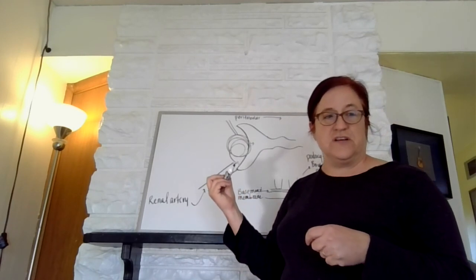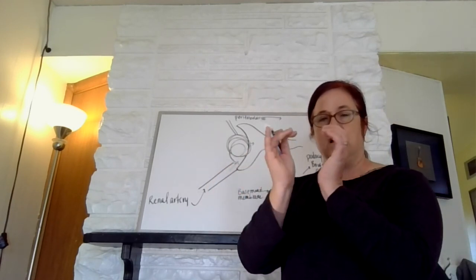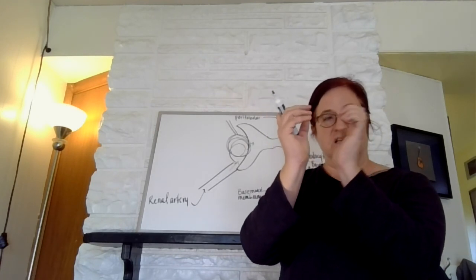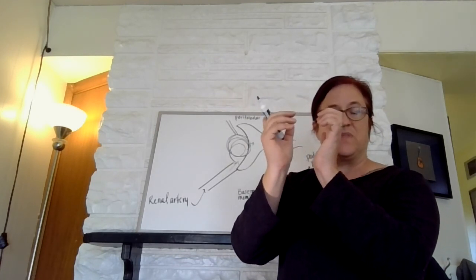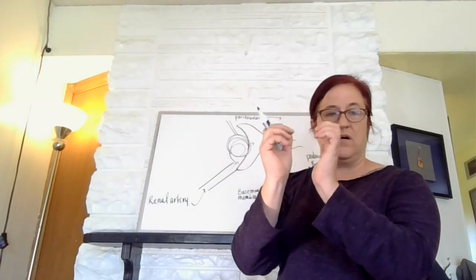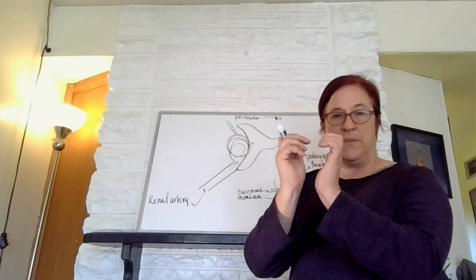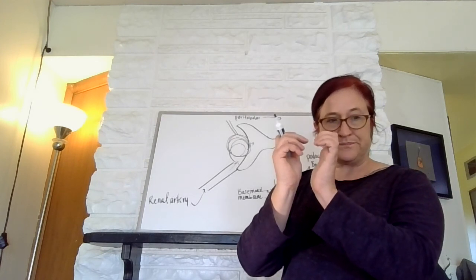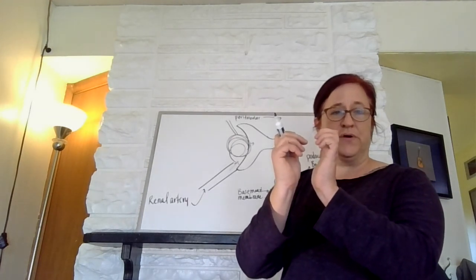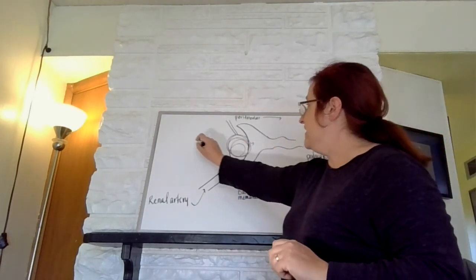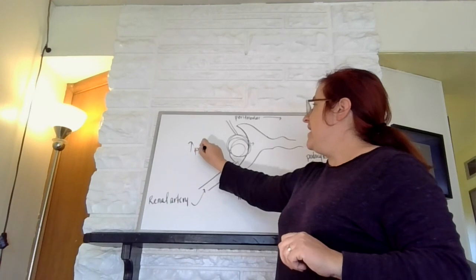What you're seeing is Bowman's capsule around that knot of capillaries. The purple cells in between are called mesangial cells, and they're just supporting this area between the capillaries and Bowman's capsule, kind of a connective tissue. What this is doing is creating high pressure.